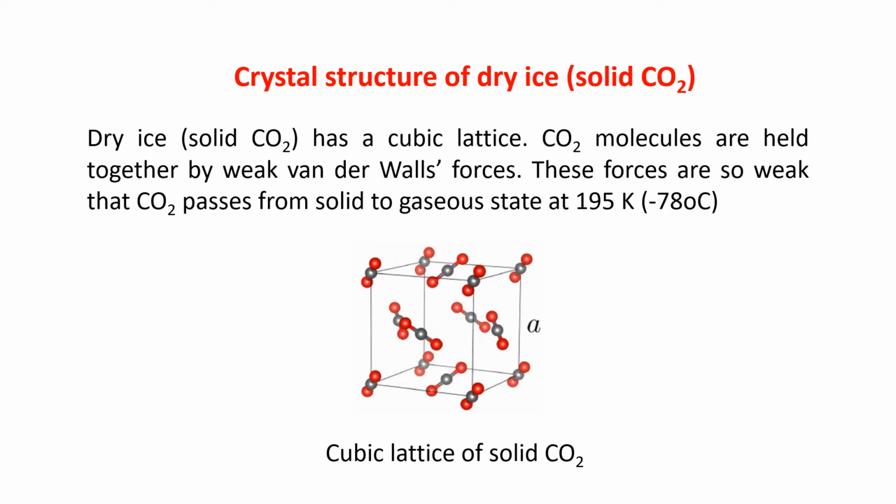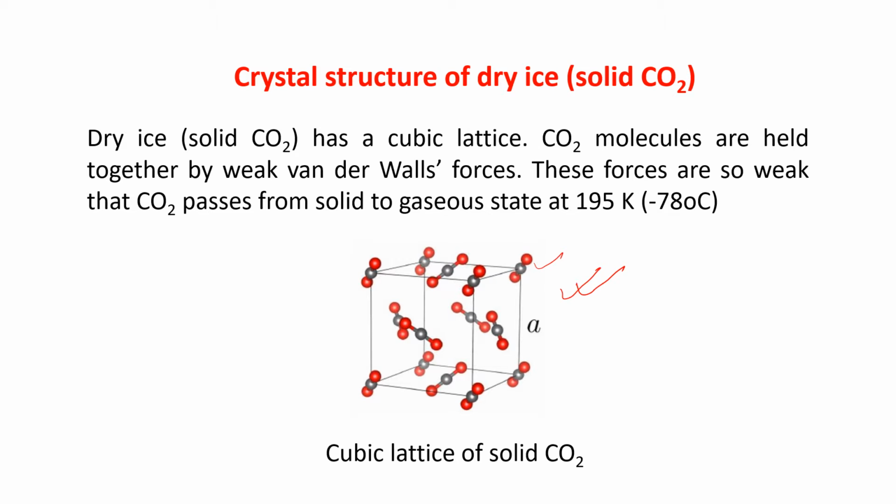Now, dry ice or solid CO2 is an example of molecular solid. Dry ice or solid CO2 has a cubic lattice. CO2 molecules are held together by weak van der Waals force. See the structure of solid CO2. In all the corners CO2 molecules are present, and in the faces also CO2 molecules are present.